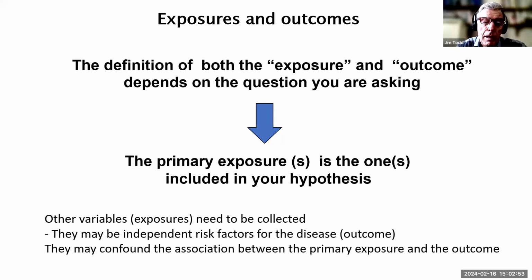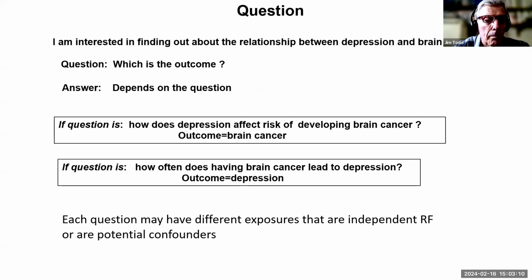But they may also confound the association between our primary exposure and the outcome. And that's something we need to think about before we even start collecting the data, so that we have a set of exposures that we are looking at.